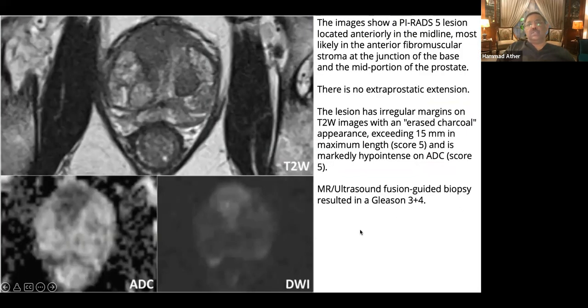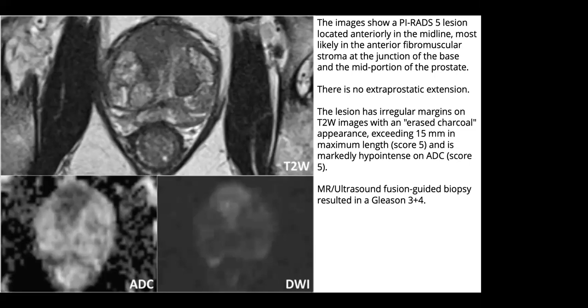Right, so this is another interesting case. Basit, would you like to describe this? Yes. So again, we have the three important sequences, T2, DWI, and ADC.